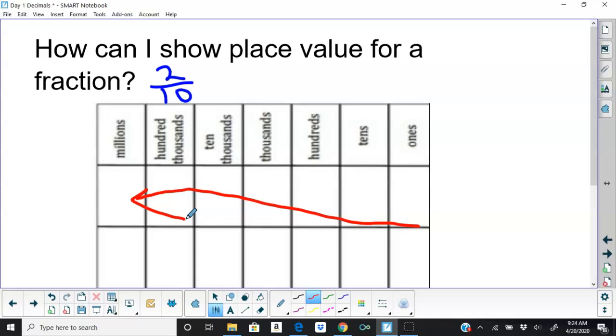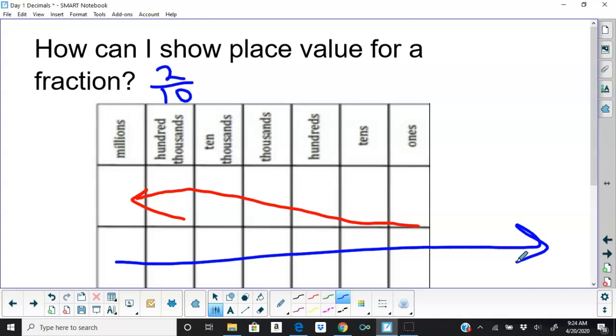If I wanted a place value that was less than a whole, it would only make sense that maybe we're going this way. But this is all blank space here. So how can I find place value that's less than a whole if there's never, ever been something on our place value charts for that?